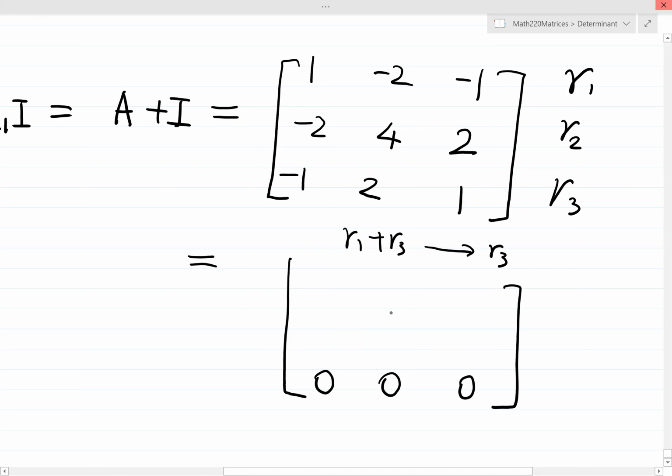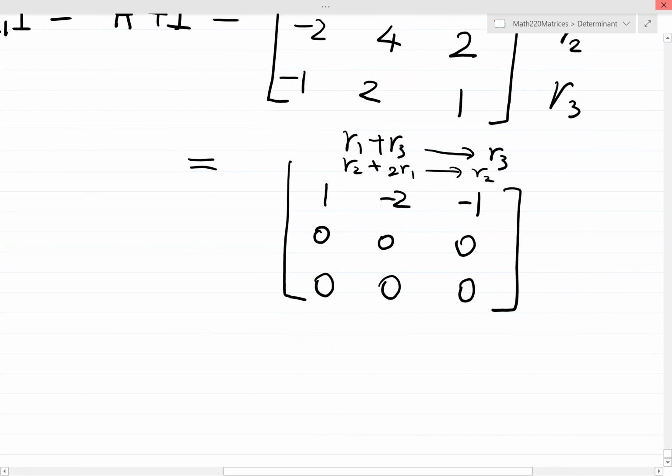For R2, we add twice R1 to R2. Negative 2 plus 2, this is 0, 4 minus 4, 0, 2 minus 2, 0. Then row 1 is 1, -2, -1.